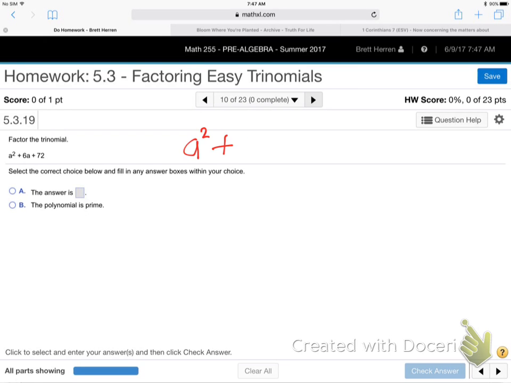A squared plus 6a plus 72. So 2 parentheses. Use your calculator there.